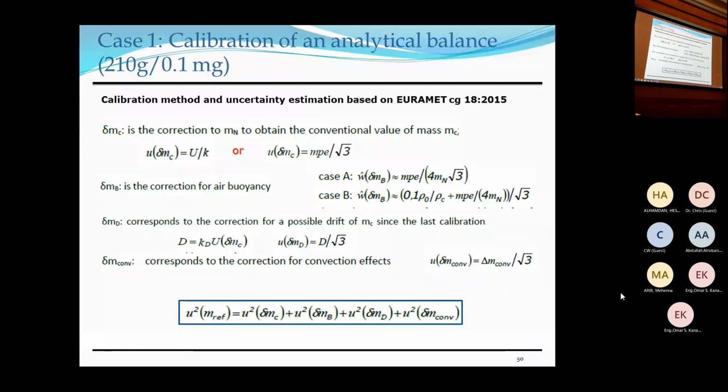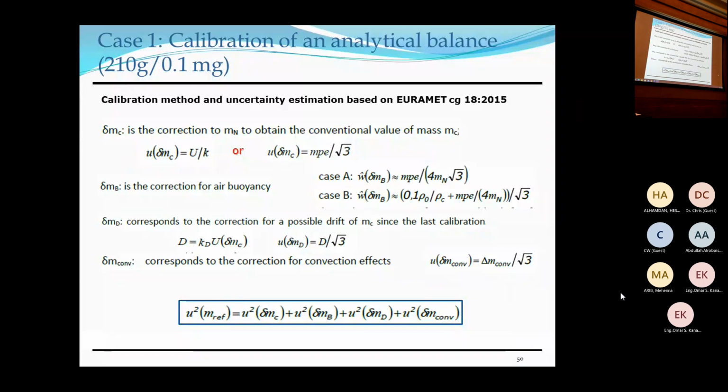Okay, for buoyancy, there are two ways of dealing with it. Typically, depending on whether the balance is adjusted before the calibration or not. If the balance is adjusted, then this formula can be used.